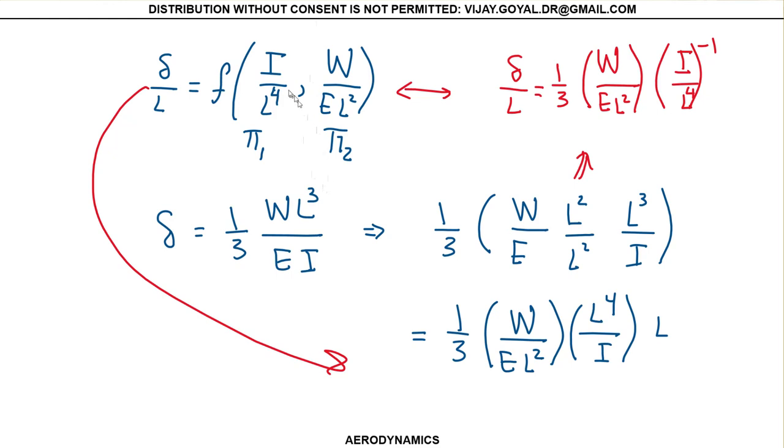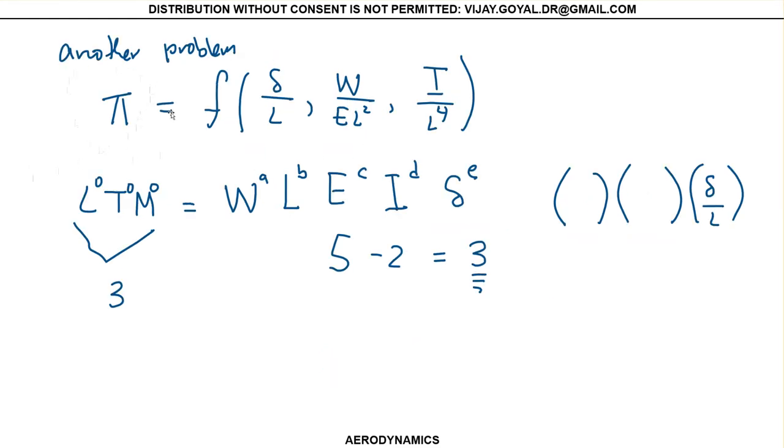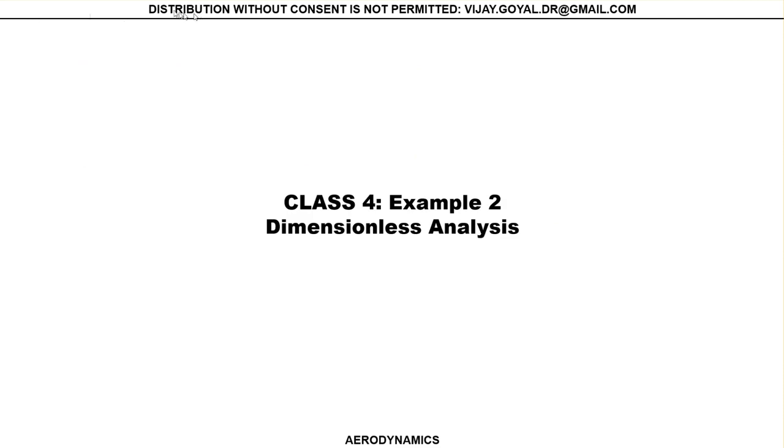You just have to be systematic to make sure that your left-hand side and your right-hand side in dimensions are equal. And then you get your answers. That's what you're looking for. At the end of the day, what you're looking for is your pi 1, pi 2. Or maybe this is completely non-dimensional, then the problem looks like this. And you just end up finding what these coefficients are. So this concludes example number 2.